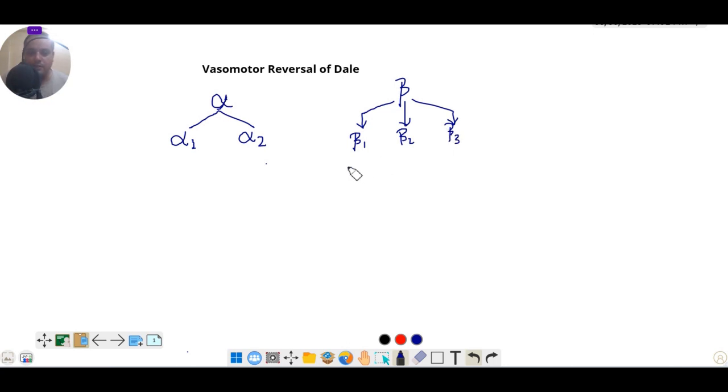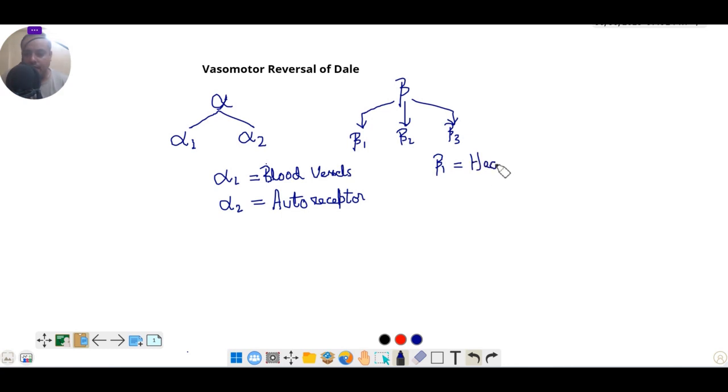Now if we come to the location of these receptors, alpha 1 is mostly present in the blood vessels. Now alpha 2, this is an autoreceptor. Beta 1 is primarily located in the heart.